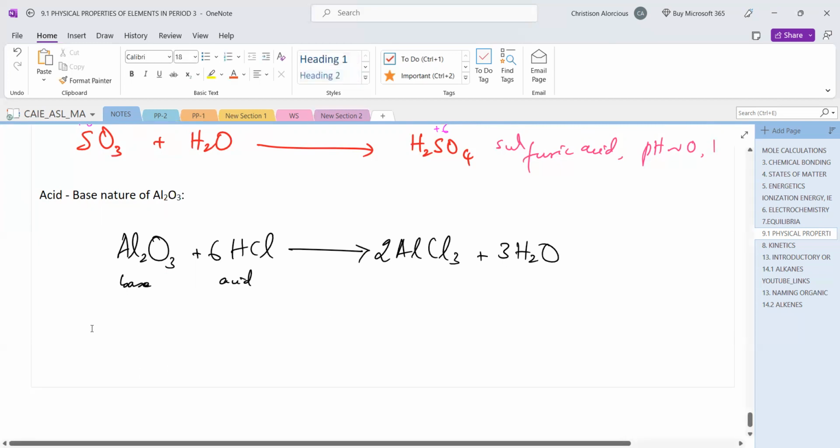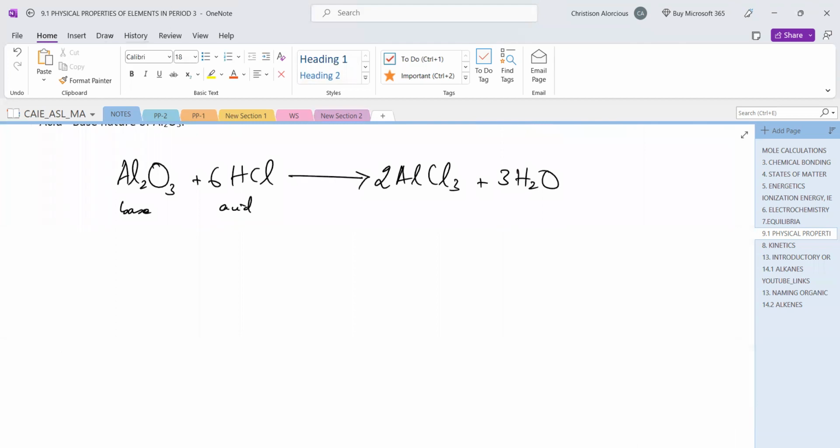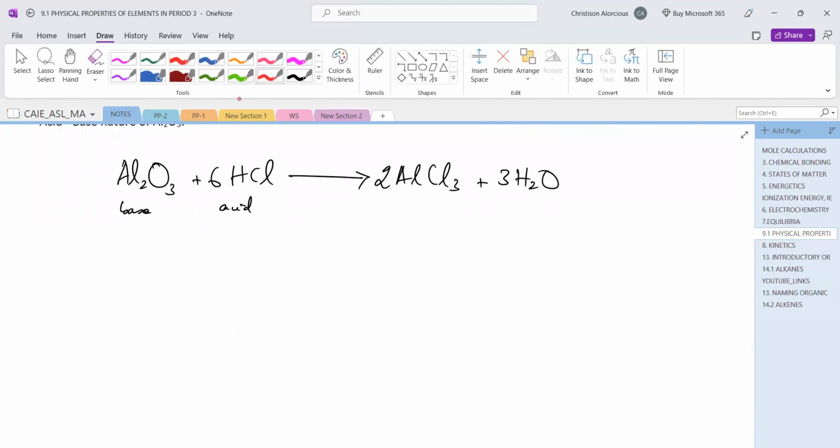Similarly, when you take aluminium oxide and react it with a strong alkali like sodium hydroxide, you have quite a few reactions.